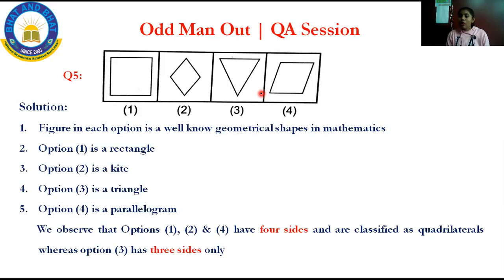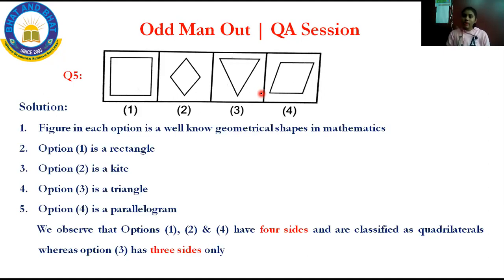Options 1, 2 and 4 are called quadrilaterals in mathematics. For your reference, a four-sided figure is a parallelogram, five-sided pentagon, six-sided hexagon, seven-sided heptagon, eight-sided octagon, nine-sided nonagon, and ten-sided decagon. This is just for your reference.